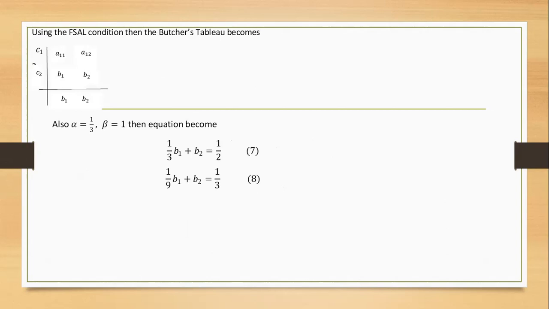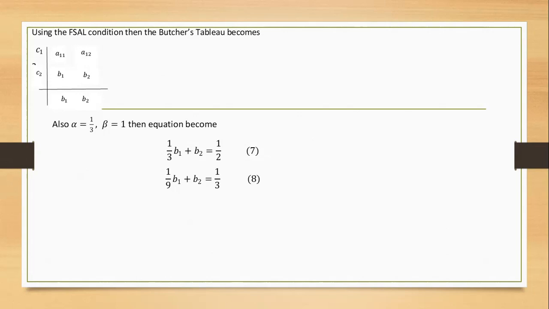Then we are also given some other conditions. If alpha equals 1 over 3 and beta equals 1, all these given parameters are just to make the equations easily solved.